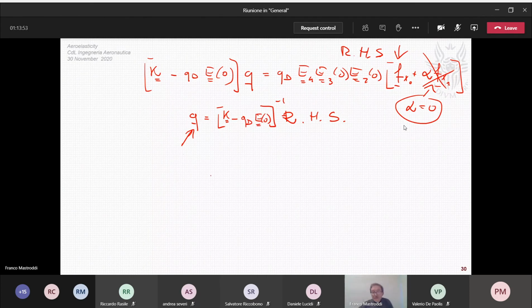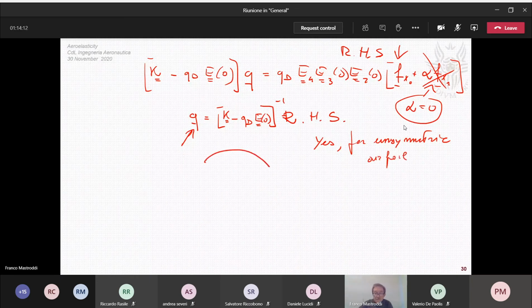For a non-symmetric wing? Right, yes. Not wing, airfoil. For an unsymmetric airfoil, if you have this at zero angle of attack, you may have a torsion because you have a pitch moment, an aerodynamic pitch moment.